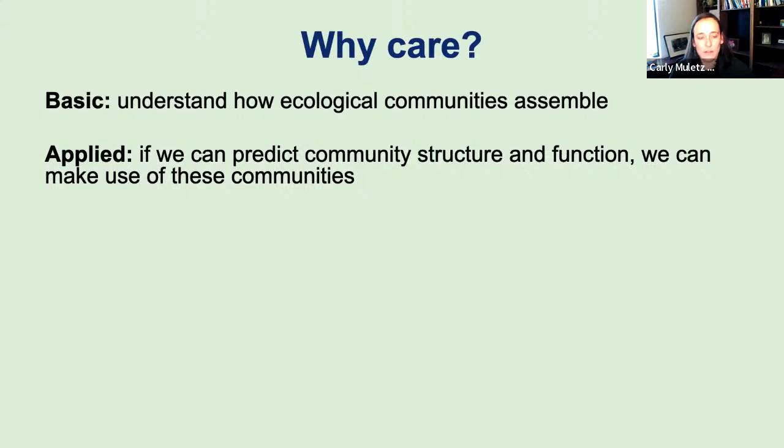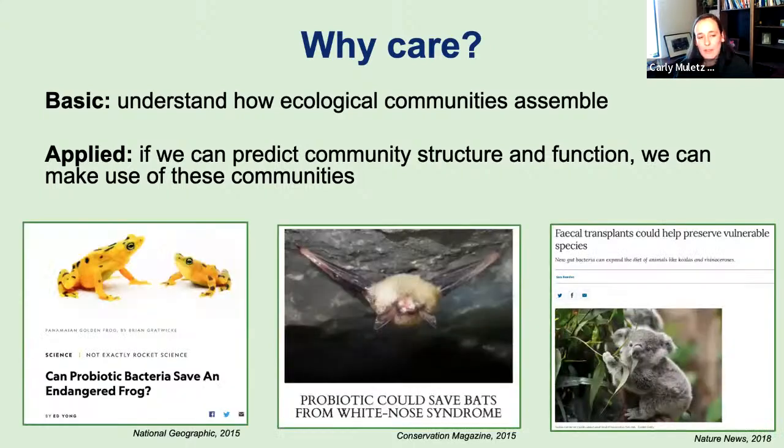climate scenarios. Something that I've been thinking about a lot in the last decade in an applied context is, can probiotic bacteria, beneficial bacteria, be used to stop infectious disease, to protect animals dying from infectious disease in the wild?